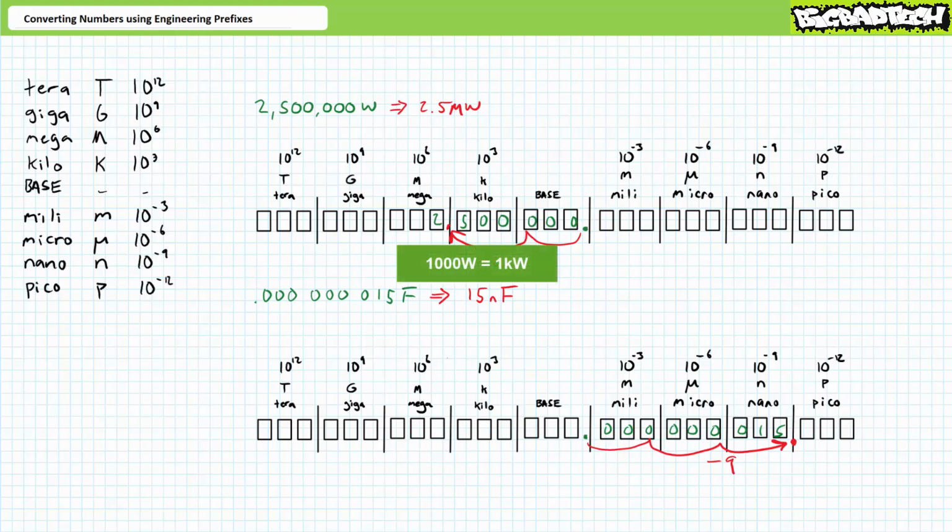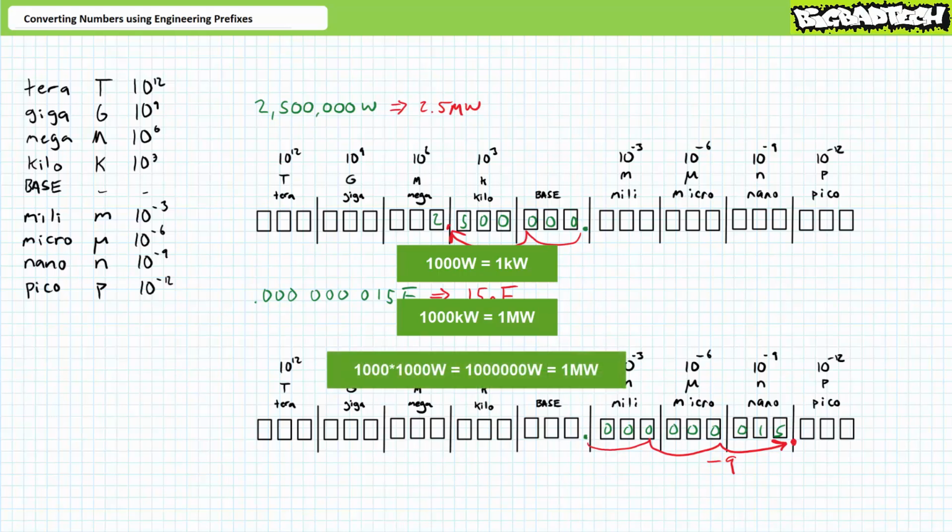For example, it takes 1,000 base units, let's say we're talking about power measurement units, watts, to make a single kilowatt. Just as easily, it takes 1,000 kilowatts to make a single megawatt. So if 1 kilowatt is 1,000 watts and 1 megawatt is 1,000 kilowatts, it stands to conjecture that 1 megawatt is 1,000 times 1,000 watts, or 1,000,000 watts, as we might expect.